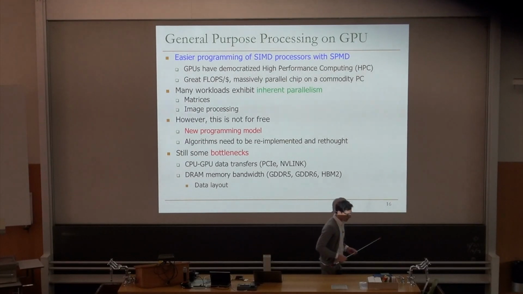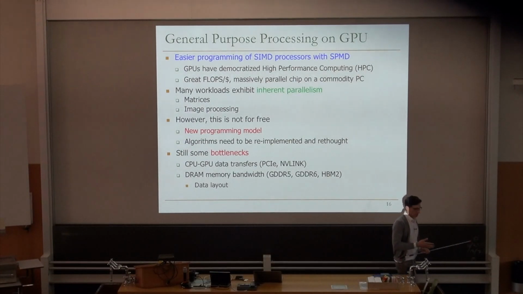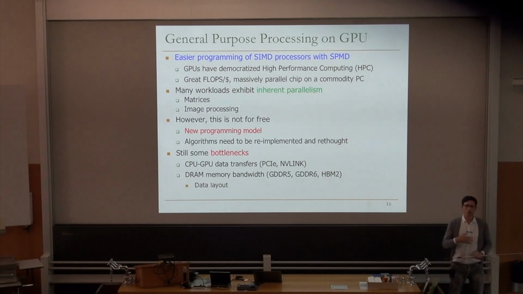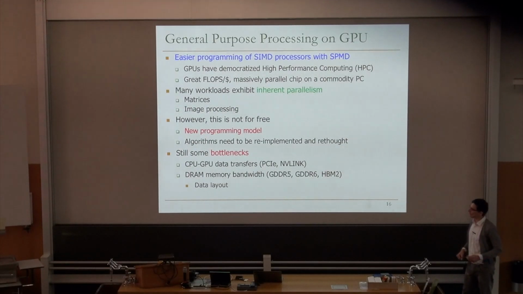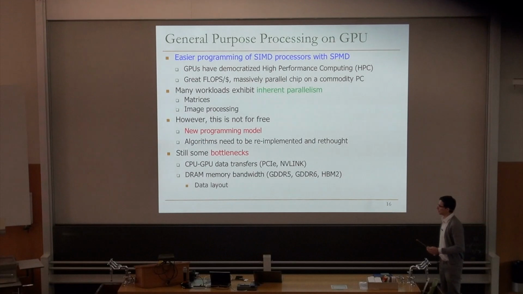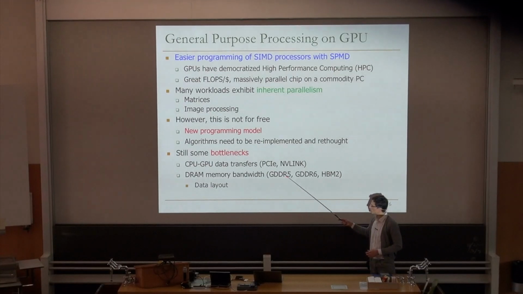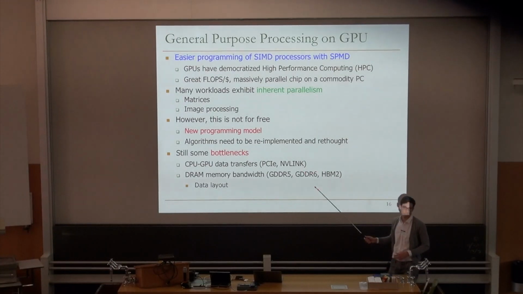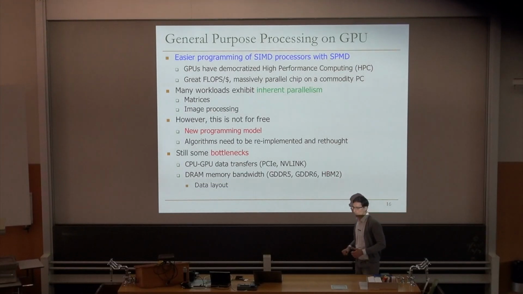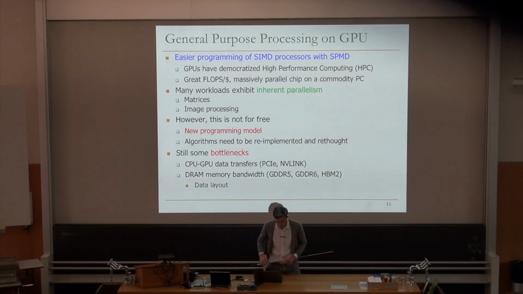Since the very beginning of the GPU computing era, or the GPGPU era, the memory bandwidth has increased a lot, but still it's a bottleneck. Most recent GPUs use GDDR5 or GDDR6, or even HBM2, which is 2.5D stack memory.